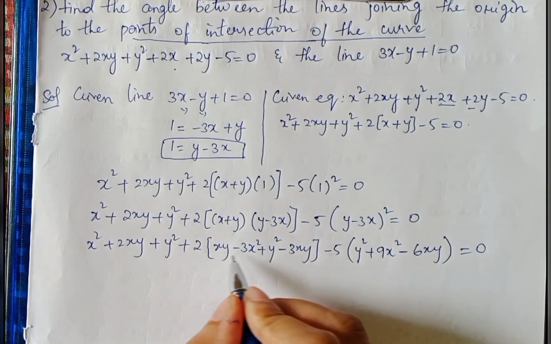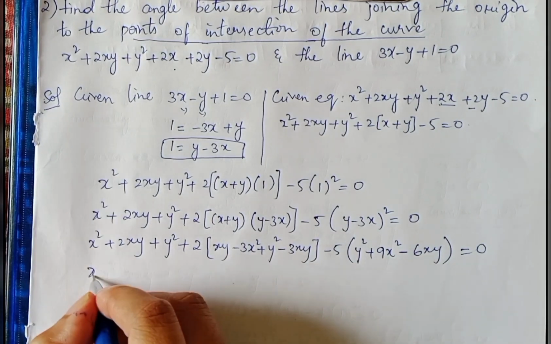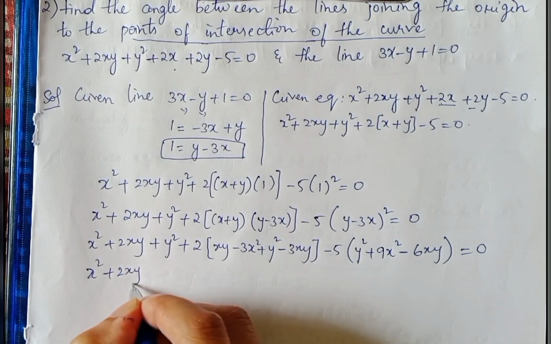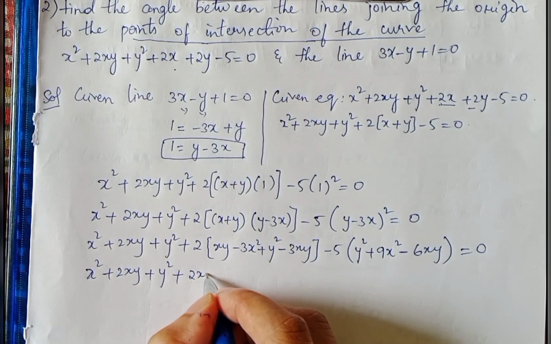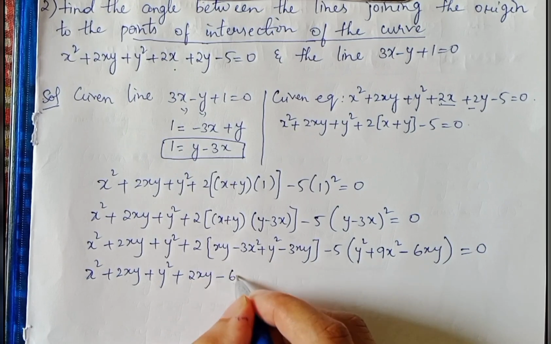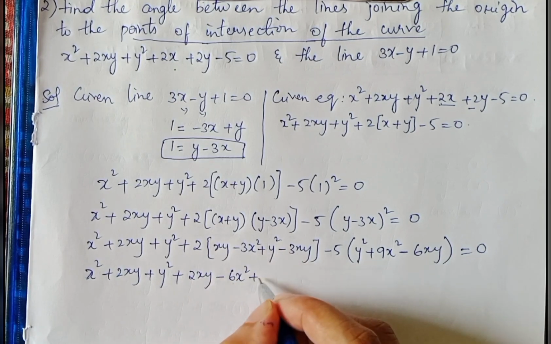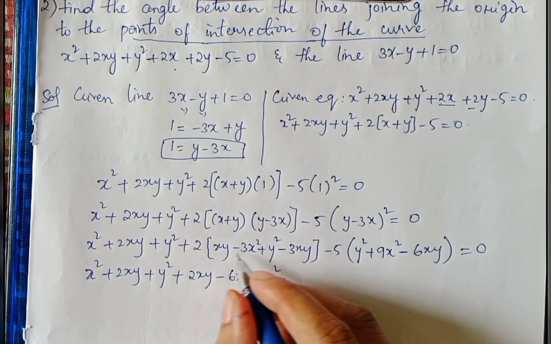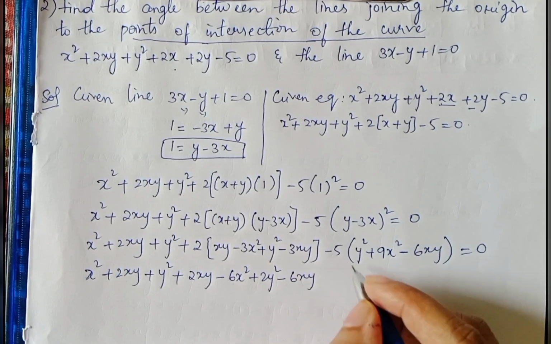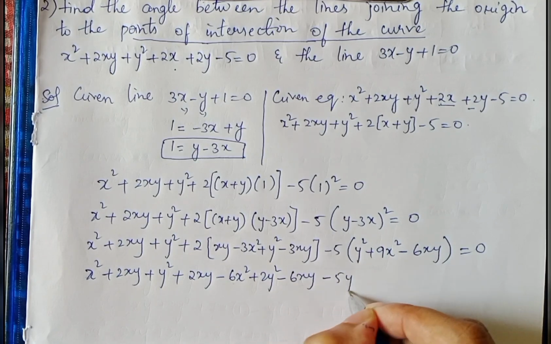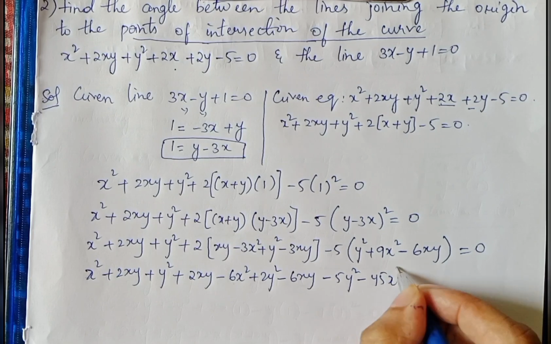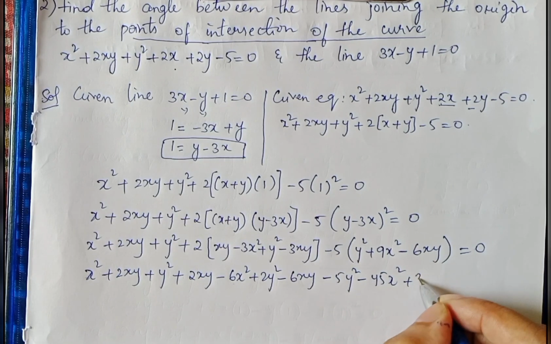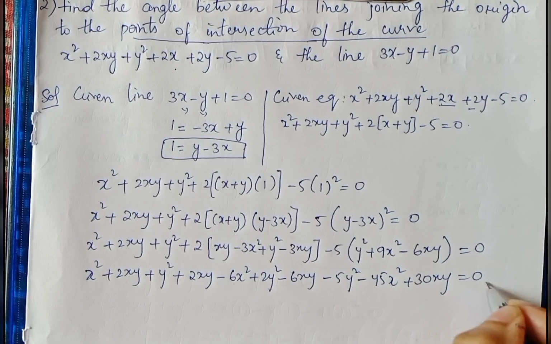Now multiplying 2 inside and minus 5 inside, so it is x square plus 2xy plus y square plus 2xy minus 2 3 is 6x square plus 2y square minus 2 3 is 6, 6xy minus 5y square plus, minus into minus is 45x square, minus into minus plus 30xy equals 0.